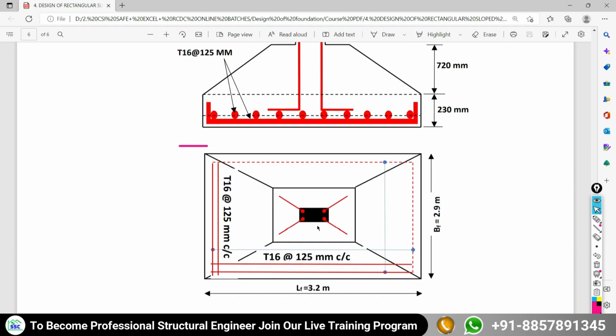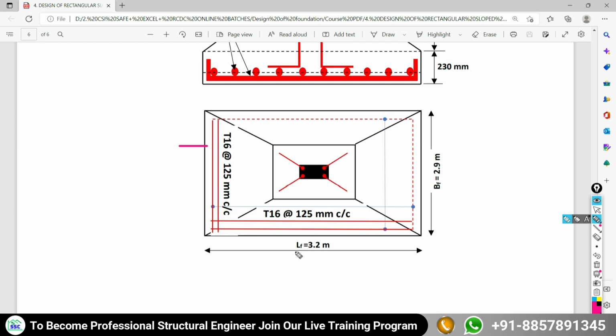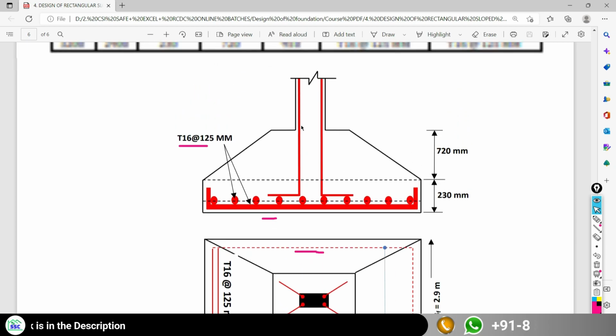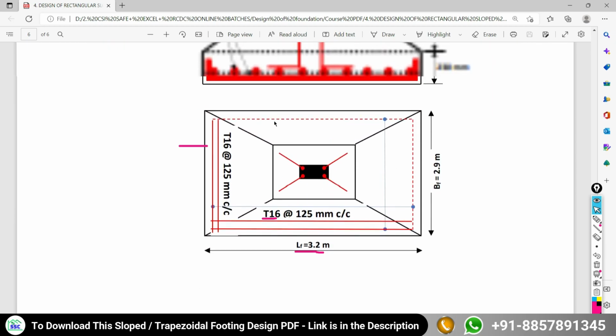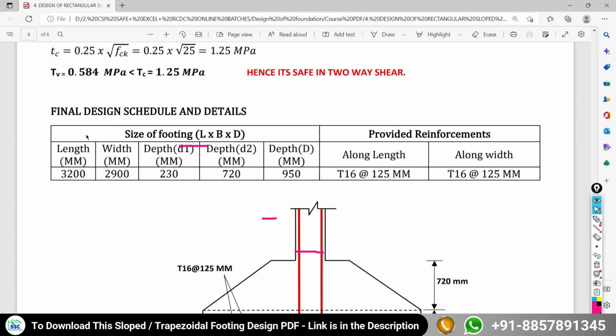In the plan detailing, the length of the footing is 3.2 meter, the width is 2.9 meter, and the reinforcement along length and along width is 16 mm dia at 125 mm center to center. So this is the sectional elevation detailing, this is the plan detailing, and this is the complete schedule. In this way you have to do the complete design of sloped or trapezoidal footing along with its scheduling and detailing.